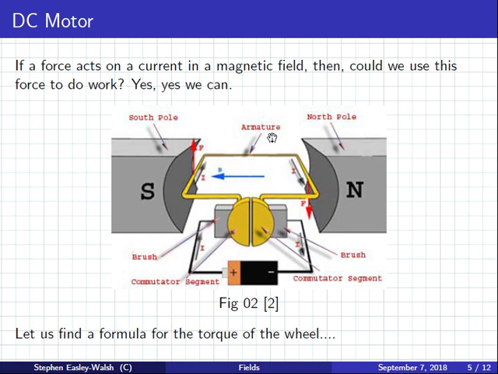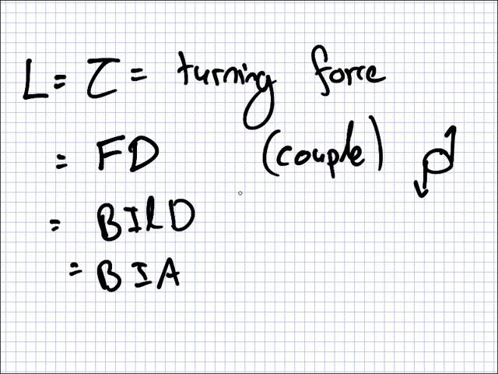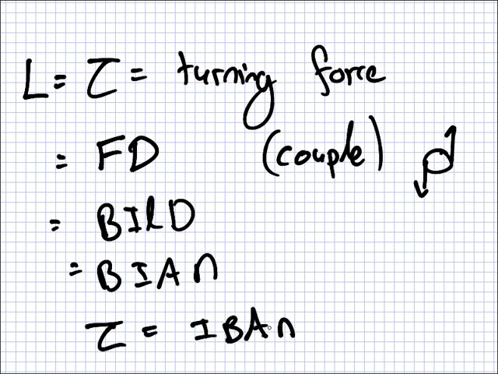Now what you can also do, you see here in the armature, you can have it wrapped around maybe once or twice. You don't need to have only one. You could have maybe 2 or 3 turns of the wire. So what you can have is n of them. I like to remember it like this: turning force equals IBAN, like the bank.